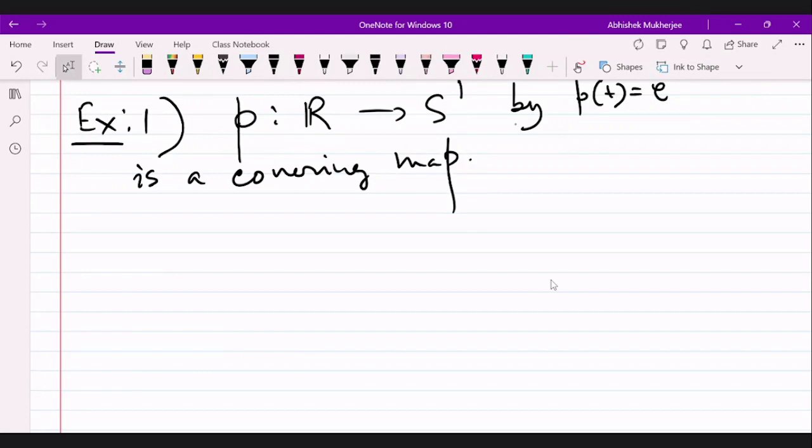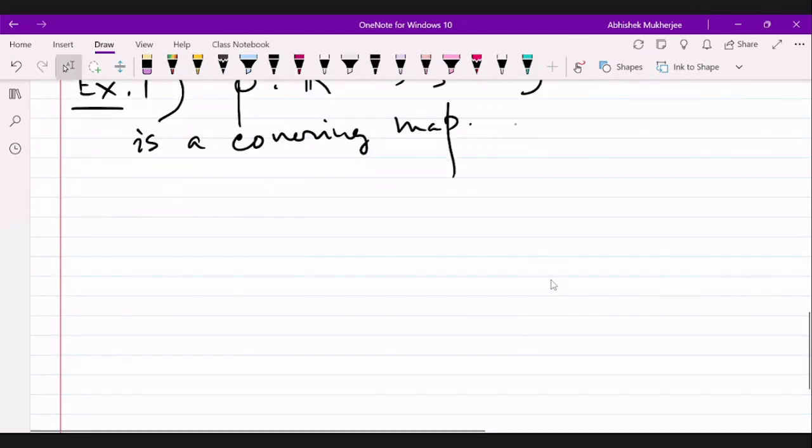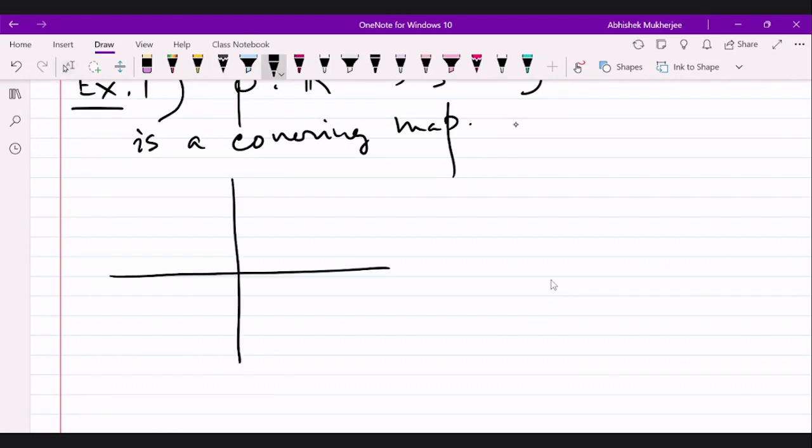So if you take any part of that circle, suppose the angle between these two segments is alpha, and suppose it is theta.